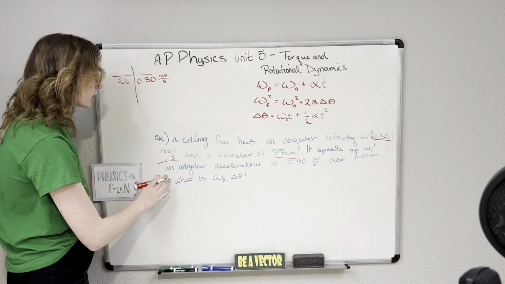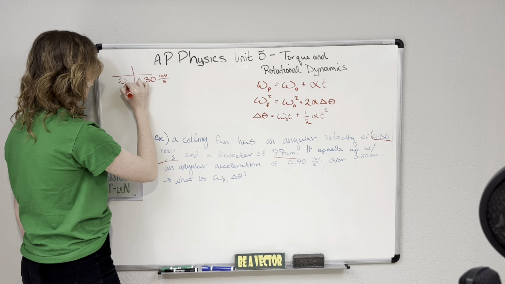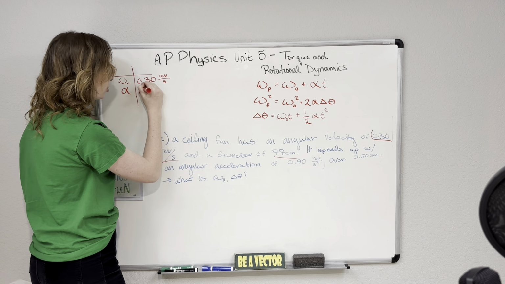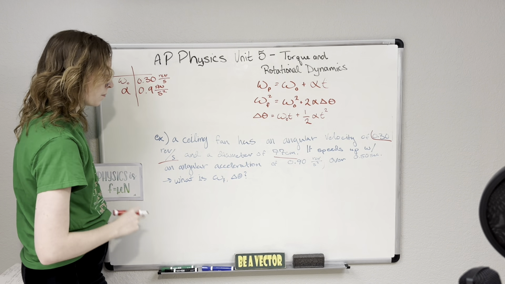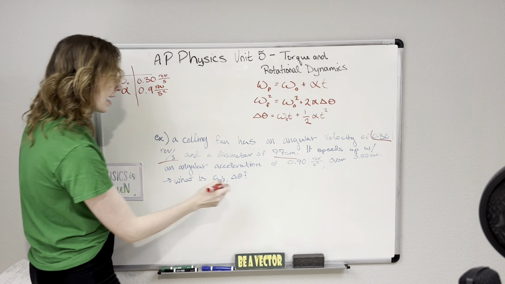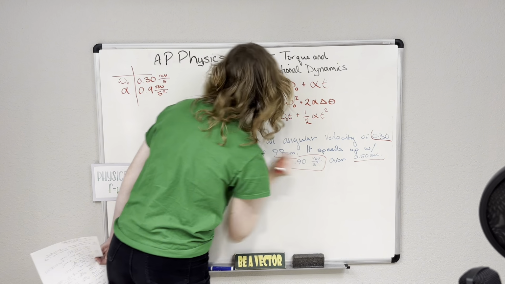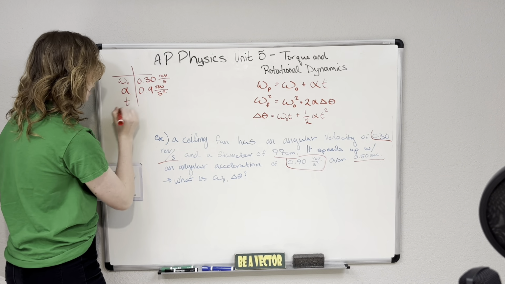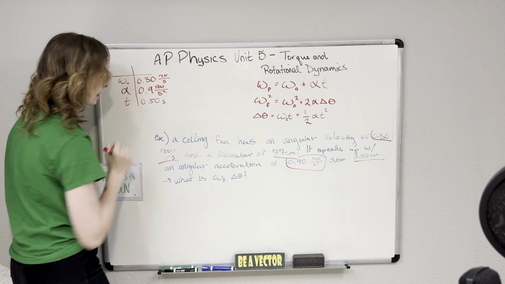We know that it speeds up with an angular acceleration of 0.9 revolutions per second squared. We know that happens over a period of 0.5 seconds, so our time is 0.50 seconds.